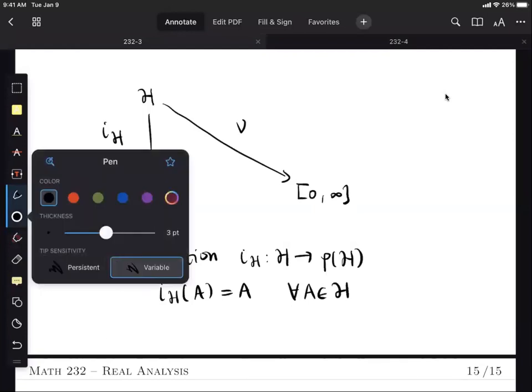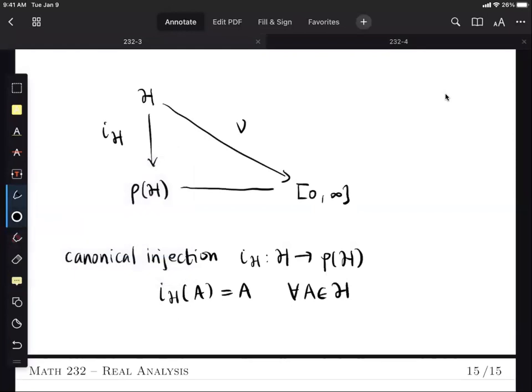So we have constructed a content mu in such a way that this diagram commutes.